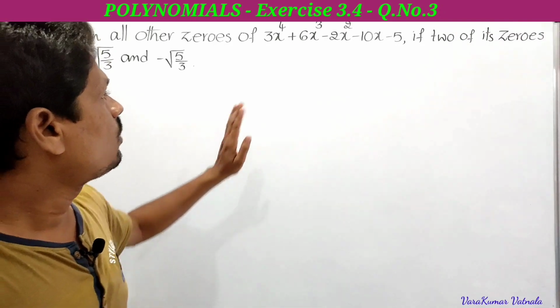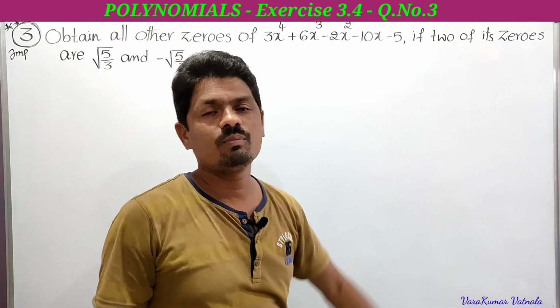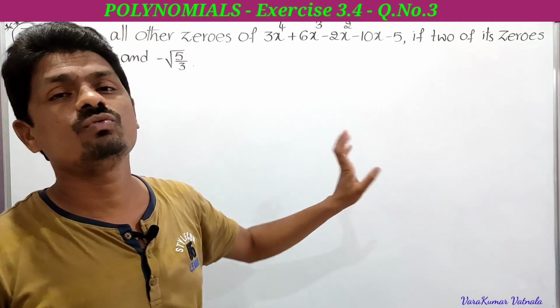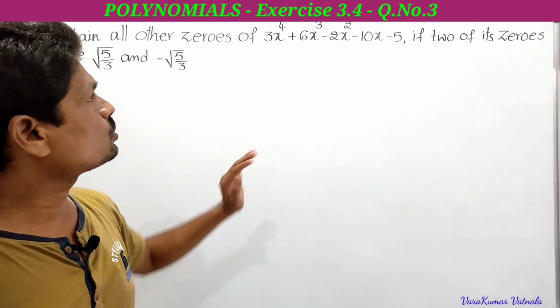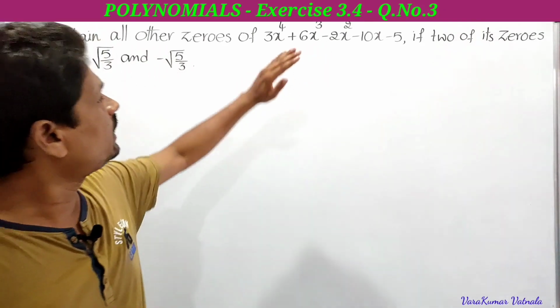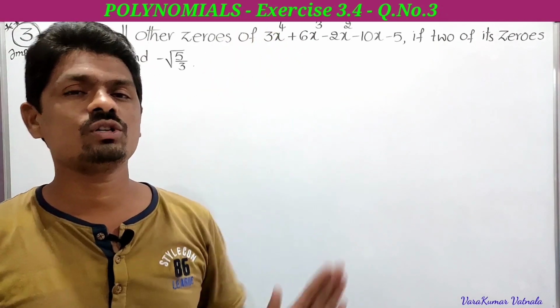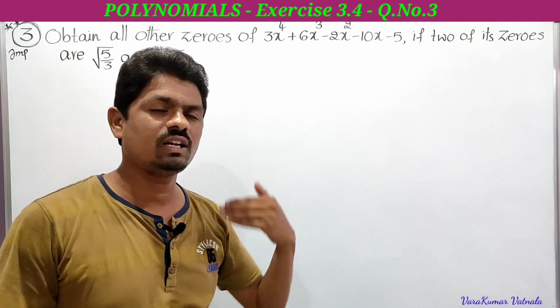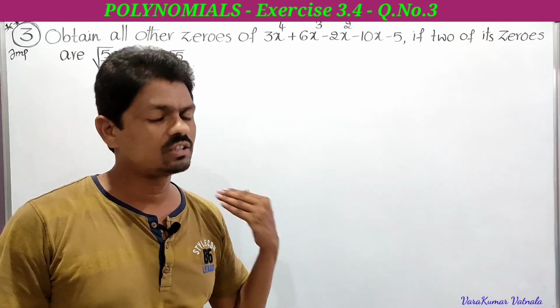First, what is the degree of the given polynomial? The degree is 4. So at most how many zeros does it have? At most 4 zeros. If the degree is 3, it has at most 3 zeros.